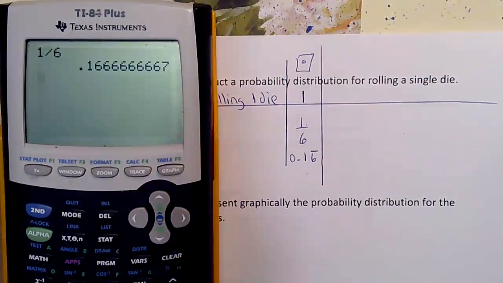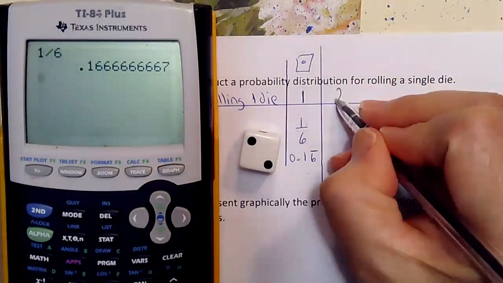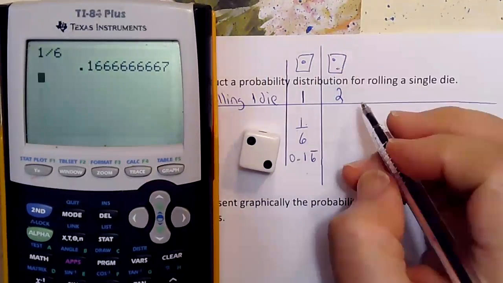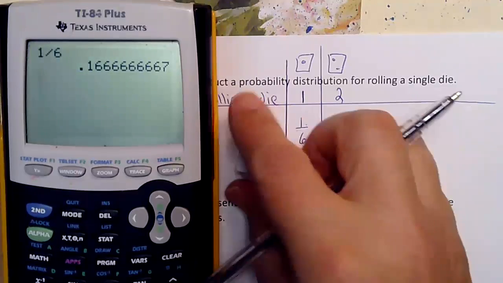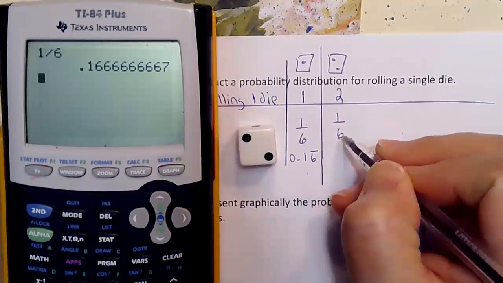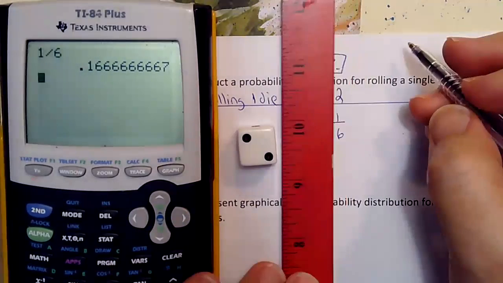Or you could roll a 2. All of these are only going to happen one time because a die has 1 through 6. So all of these are going to be 1/6, which is 0.16 repeating.